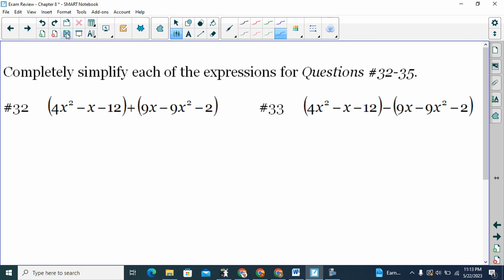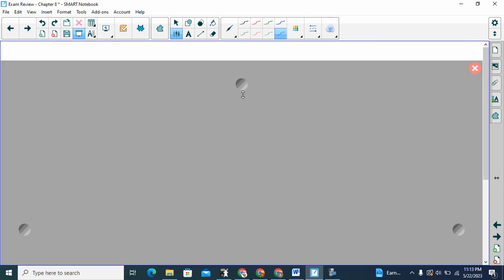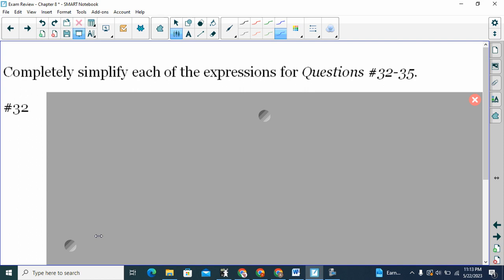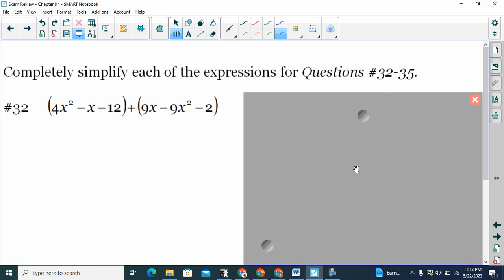Numbers 32 and 33, we are adding or subtracting polynomials. Number 32, it asks us to add these 2 polynomials, 4x squared minus x minus 12, and 9x minus 9x squared minus 2. Anytime I have something in parentheses, we always want to look out front to see if there's something I can distribute.